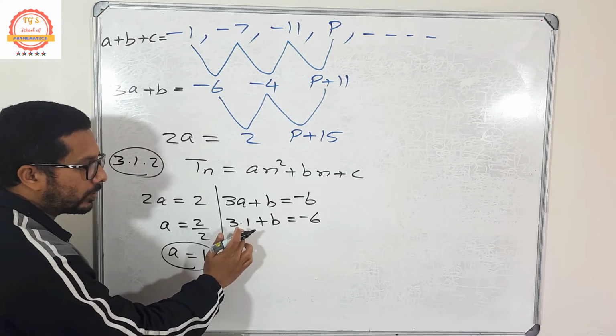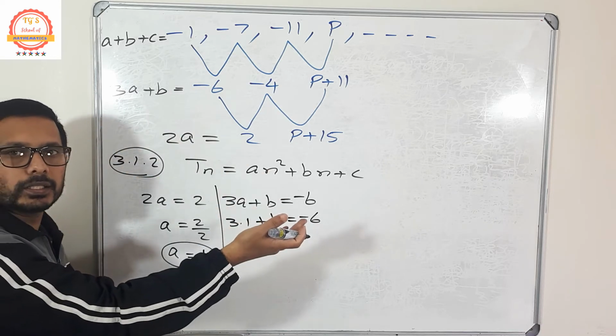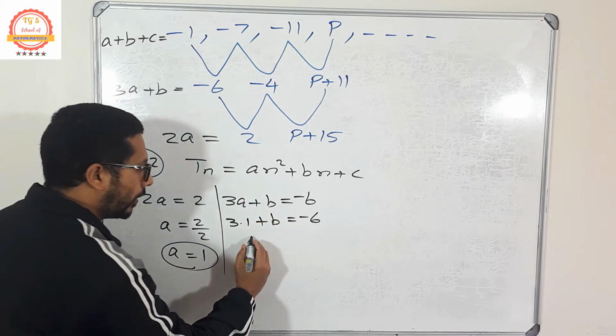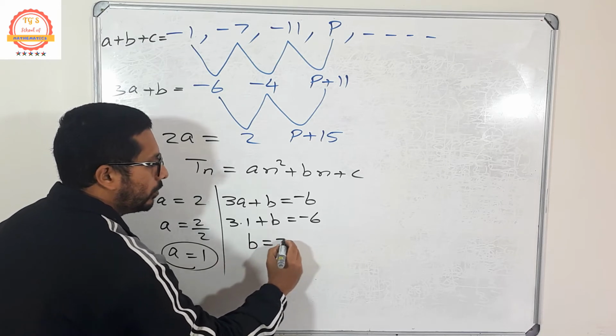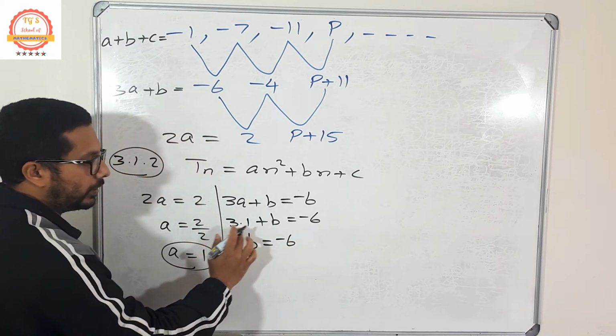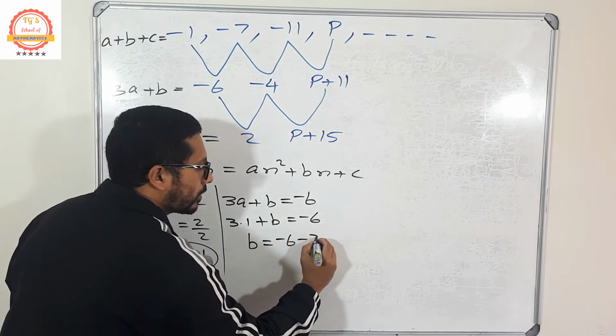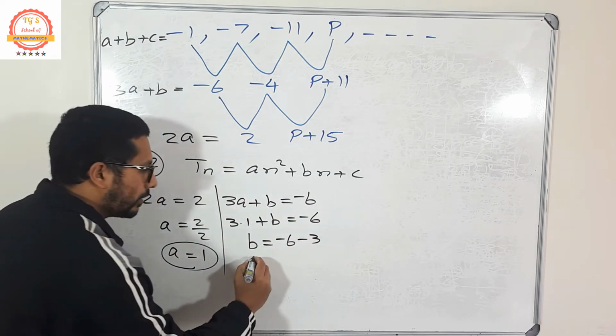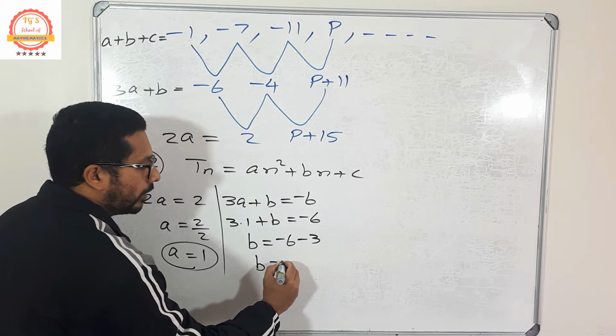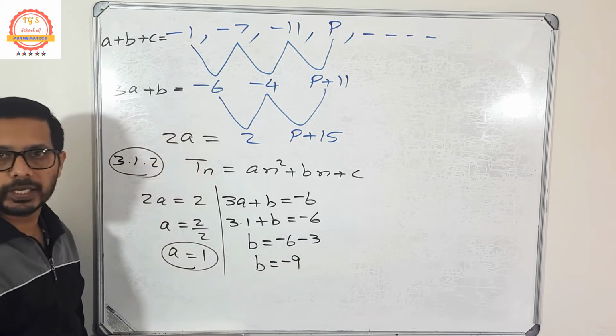If we take this 3 to the other side, it is -3. So b is equal to -6 minus 3. What is the value of b? b is equal to -9.